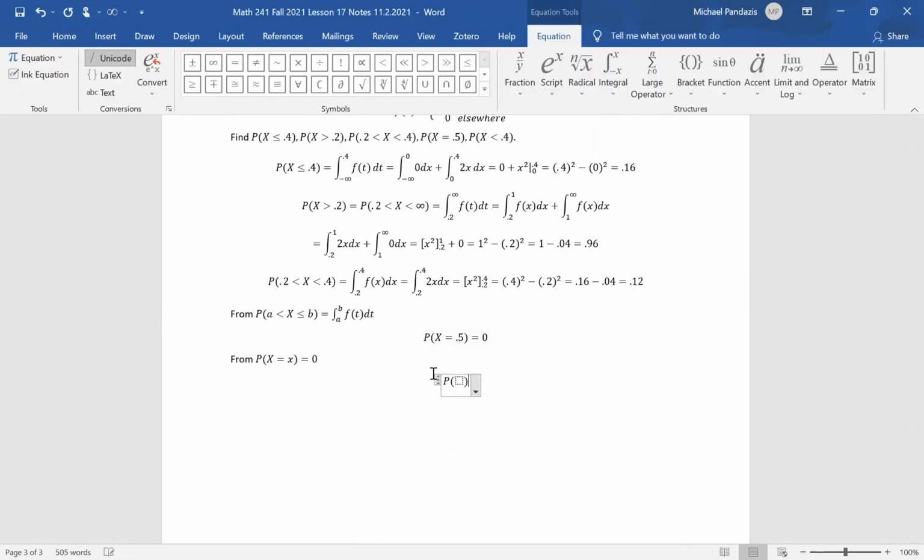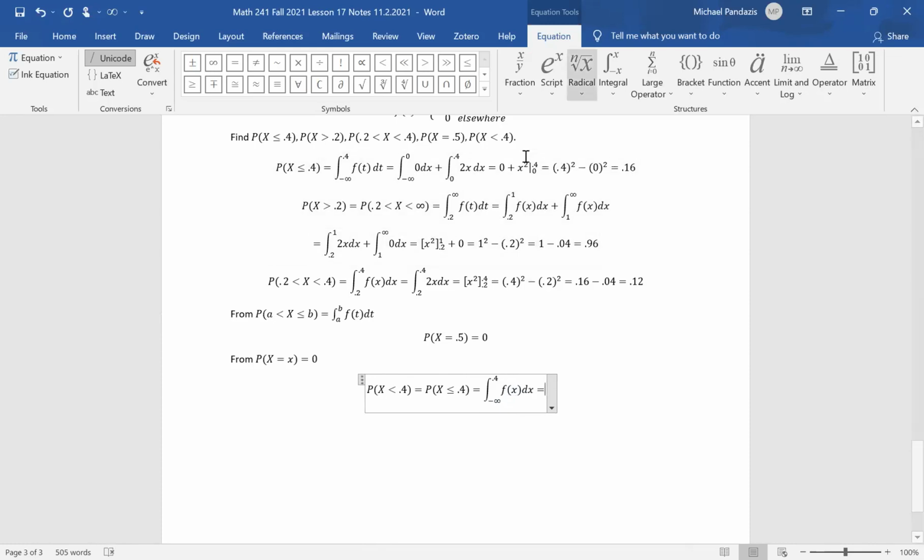And the probability that x is strictly less than 0.4, well, that's equal to, I can put the in-between step here for now. Normally, you don't have to write that. It's equal to the probability x is less than or equal to 0.4, and that's equal to the integral from negative infinity to 0.4 of f of x dx.